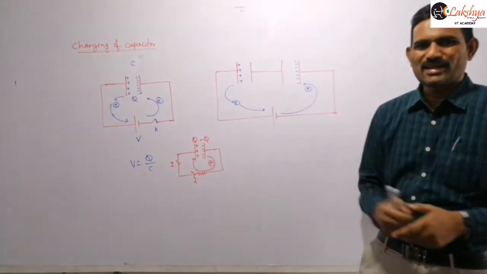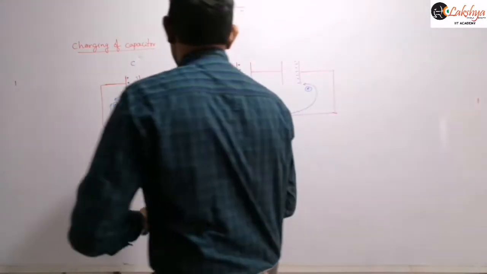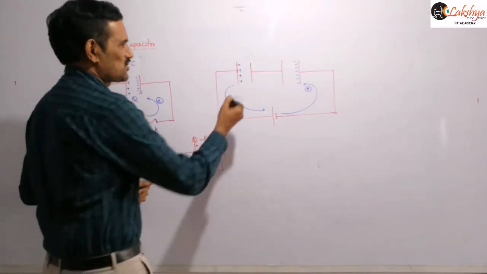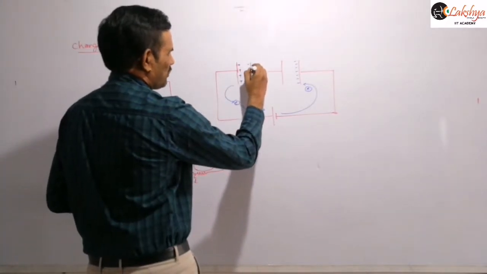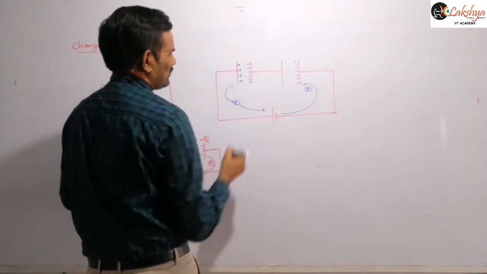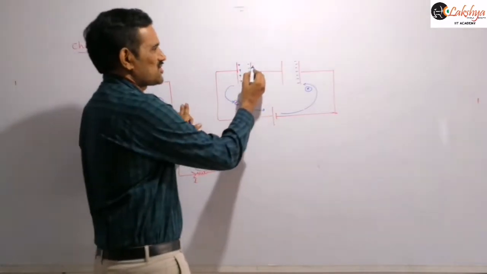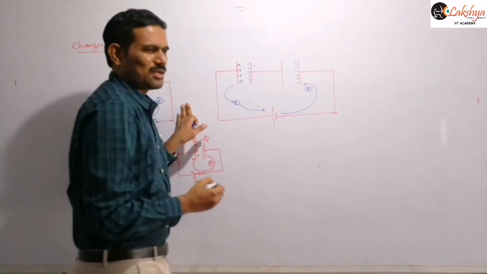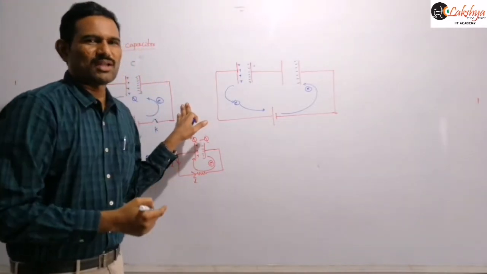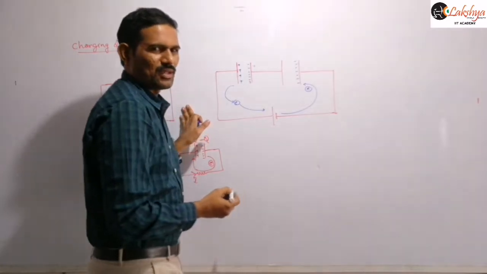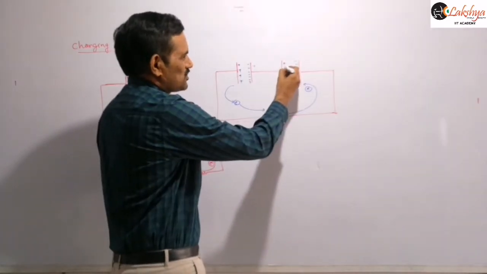So here this is a positive charge, and positive charge means some negative charge will appear here, right? When negative charge is appearing here, some positive charge will appear on the outer side. But here what will happen is that positive charge will be transferred to this plate, and so you will get some positive charge here.